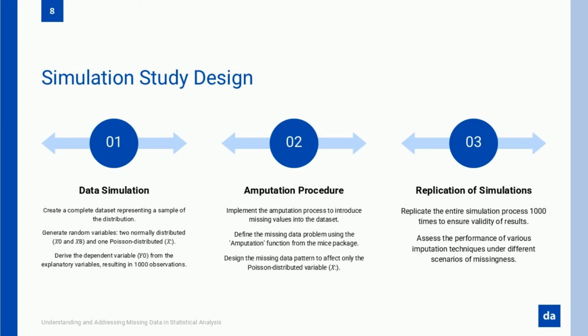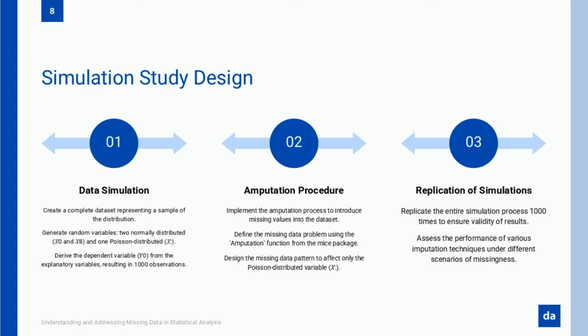Once the dataset with missing values is prepared, the entire simulation process is repeated 1,000 times. Why so many times? Because variability and randomness are inherent in data, and we need to ensure the results aren't a one-off fluke.